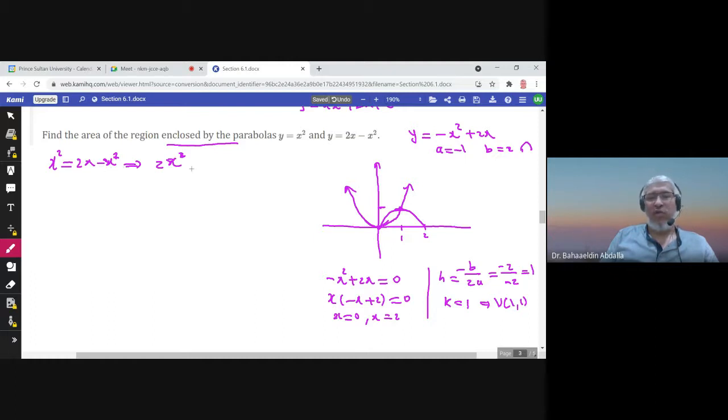If you take 2x also to the other side, I will have negative 2x. Now, if you take 2x as a common factor, I'll have x minus 2. So either x is 0 or x is 2.